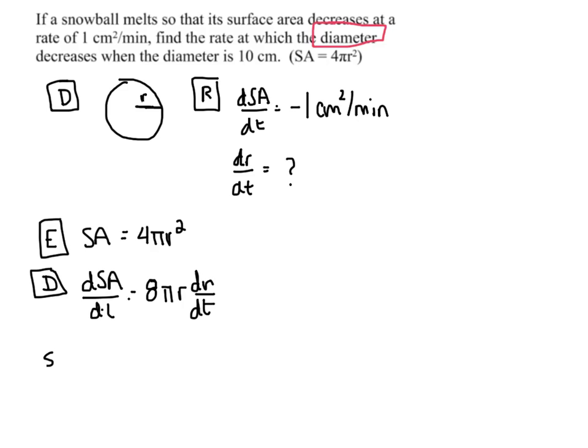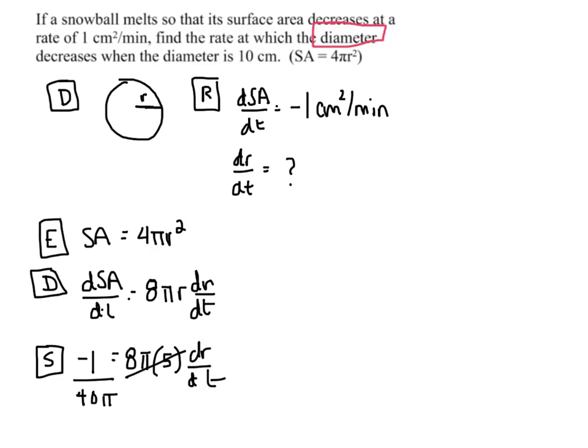So now we substitute and solve. We've got -1 equals 8 pi times diameter was 10, so radius would be 5, dr dt. Okay, so now we could divide by that 40 pi. So dr dt is -1 over 40 pi.